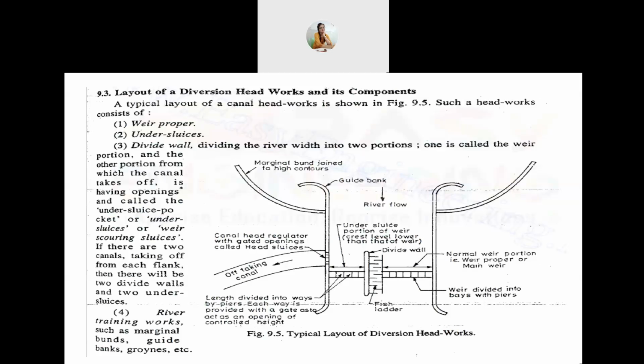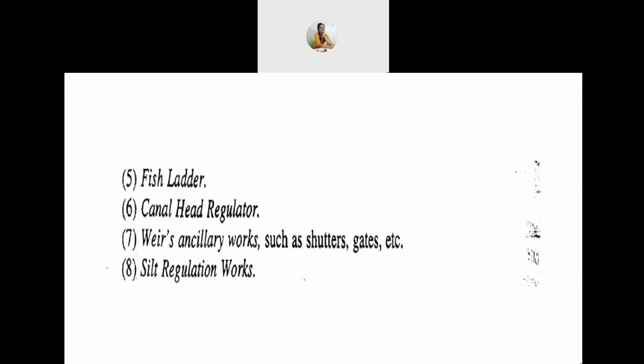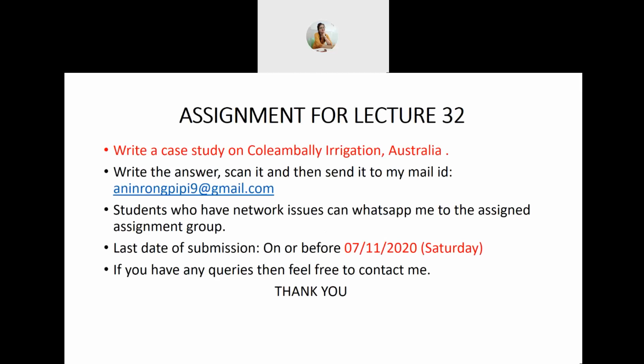If there are two canals taking off from each flank, then there will be two divide walls and two under sluices. Number 4, river training works such as marginal bunds, guide banks, groins, etc. Number 5, fish ladder. Number 6, canal head regulator. Number 7, weir ancillary works such as shutters, gates, etc. And number 8, silt regulation works.